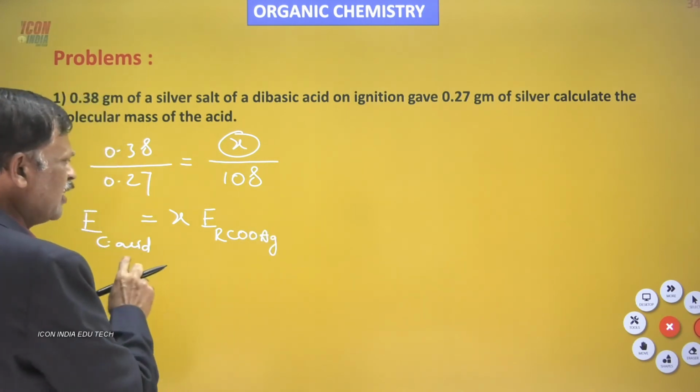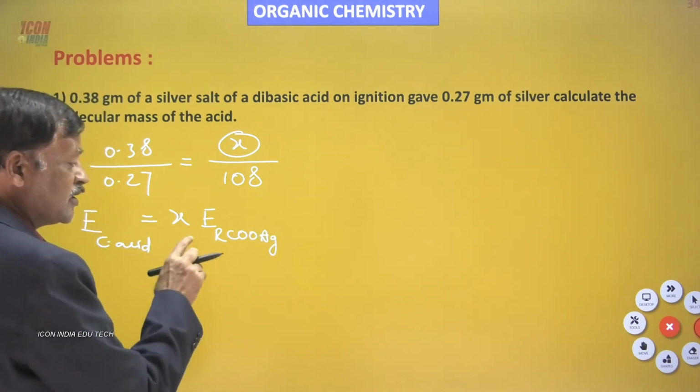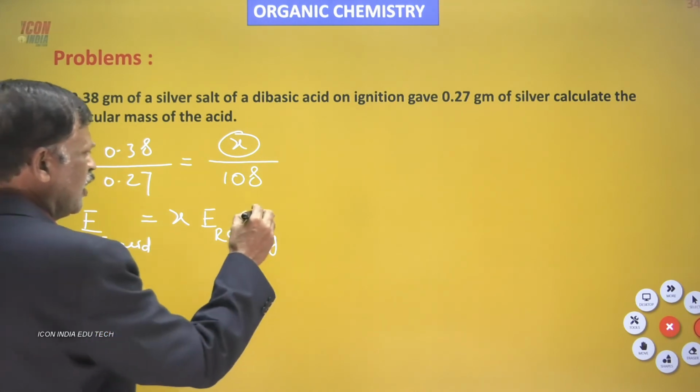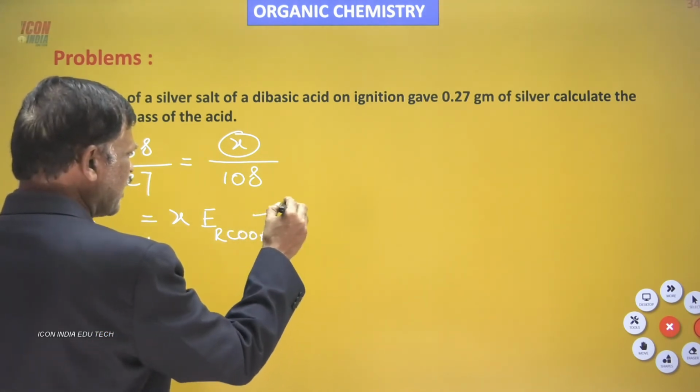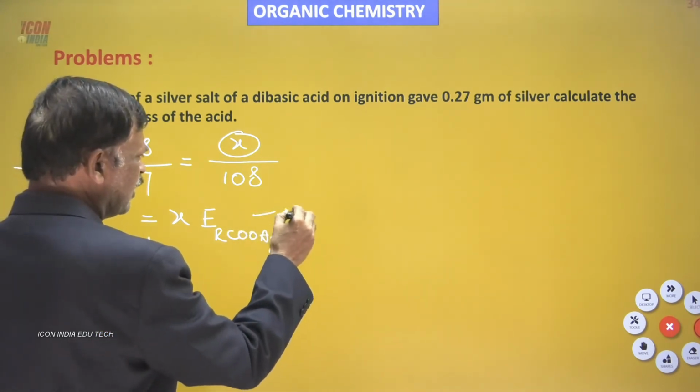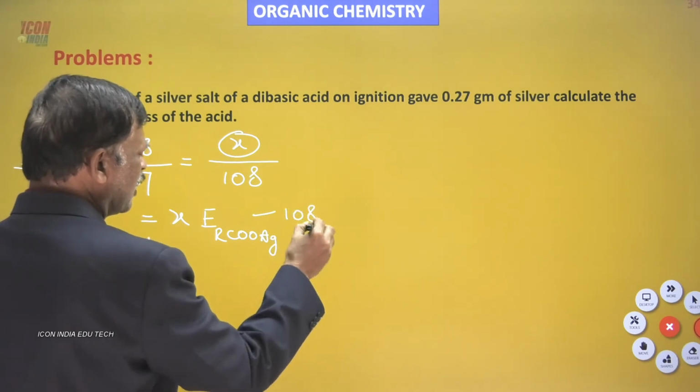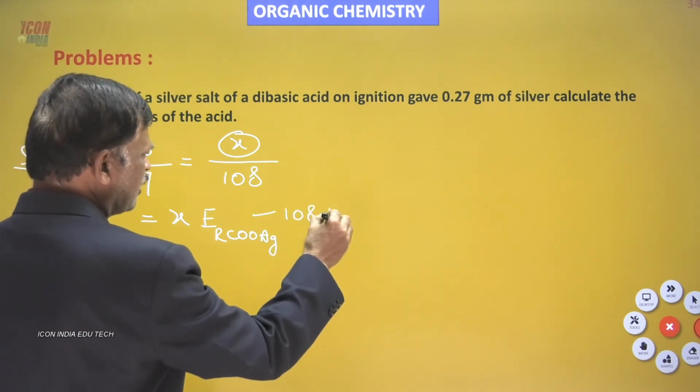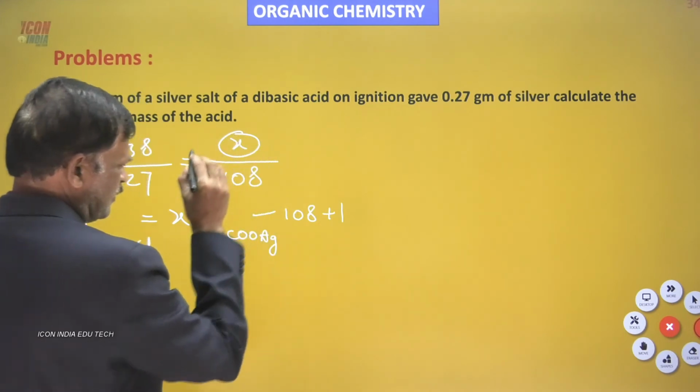In order to get the equivalent weight of carboxylic acid, that is RCOOH, you have to subtract equivalent weight of silver, 108, and you have to add the equivalent weight of hydrogen.